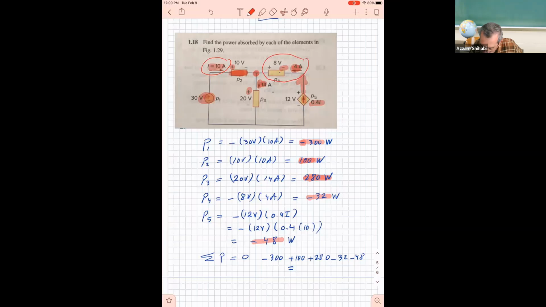The current goes into the element from the negative side, from the negative polarity of the voltage. So based on the convention that we're using, in this case, the power is going to be negative. And then whatever the voltage is, 8 volts, times the current.